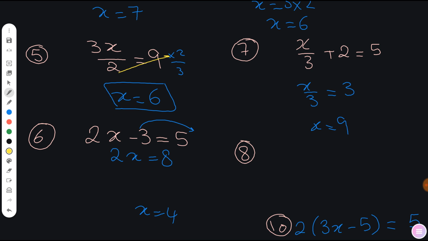Number 6, we have multiplication and we have subtraction. First, we get rid of subtraction by sending negative 3 to the other side by a positive sign, which is positive 3, the answer will be 8. Then we divide by 2, the answer will be 4. We will send subtraction first, it will be 3, then multiply by 3, it will be 9.